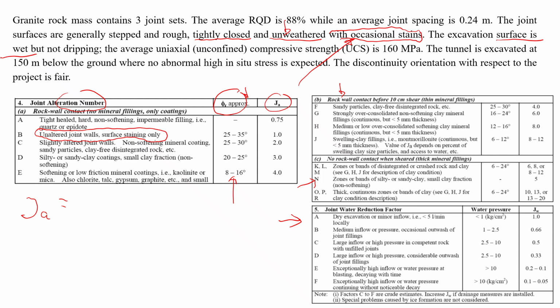So that's why I'm going to go with B, which is unaltered joint walls, surface staining only. Out of all these options, I think this one will be the best match to what we have. So I'm going to write here that Ja is equal to 1.